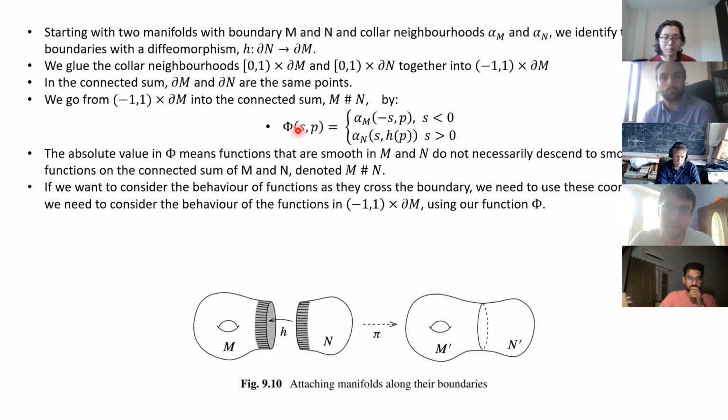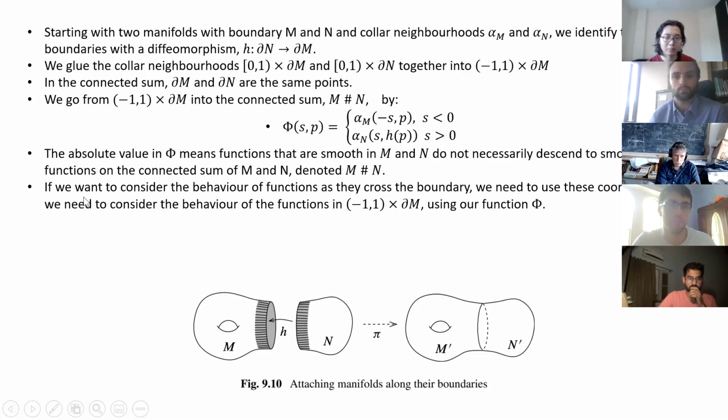Now the key point here is that you'll notice there's a -s here. So at this boundary where we've glued the manifolds together, there's a kind of absolute value thing happening. The significance of that is that functions that are smooth on m and n, when you glue them together, aren't necessarily going to be smooth, because there's a kind of jump happening as we go across here in the coordinates.